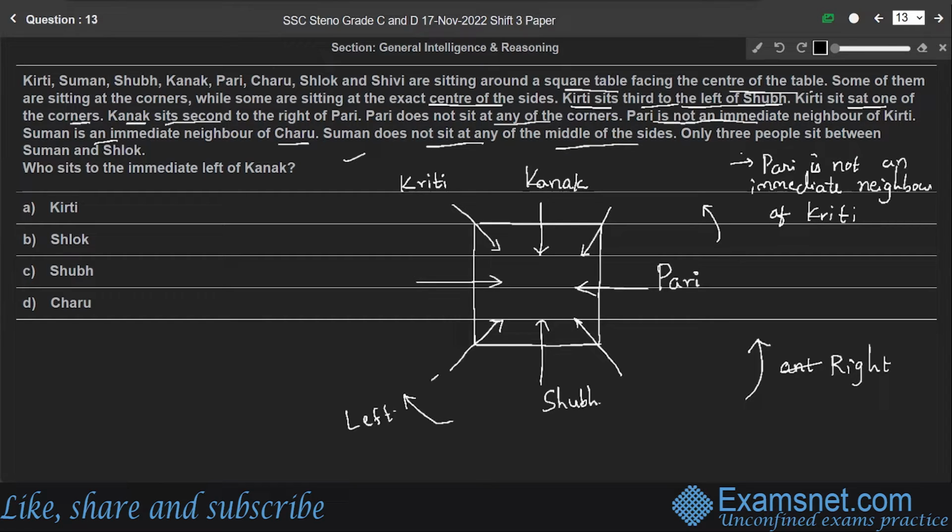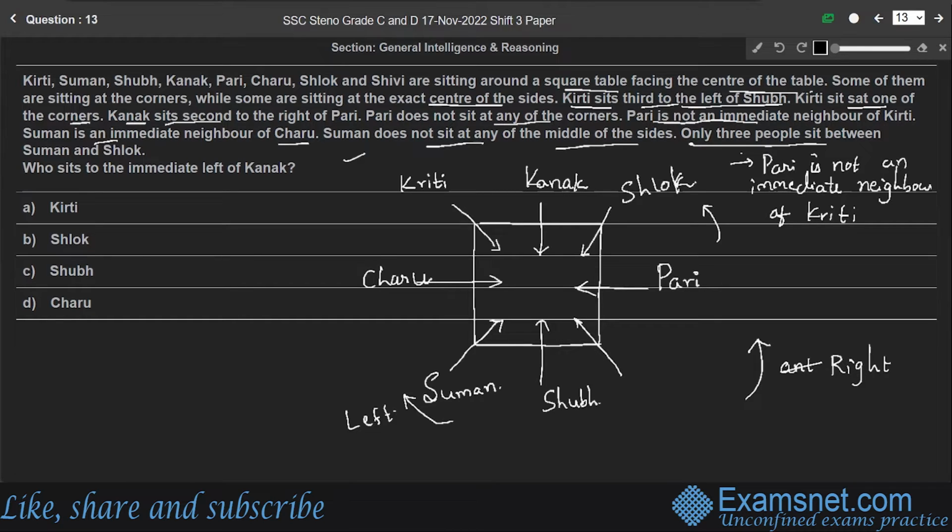Therefore, Suman's position is here, next to Shubh. Therefore, Charu's position is here. And the last point is only 3 people sit between Suman and Shlok. Therefore, Shlok has to sit here.